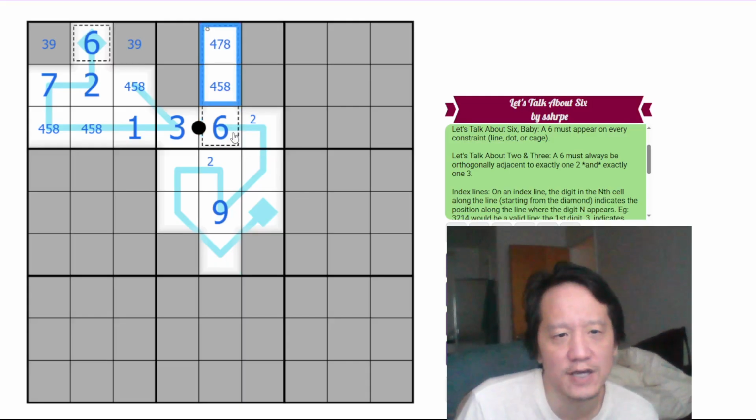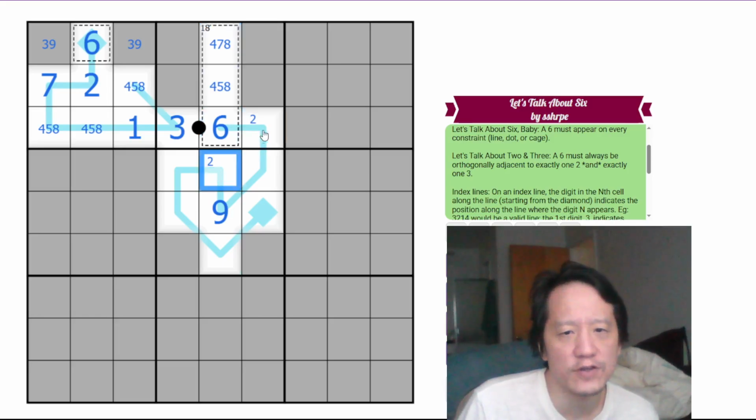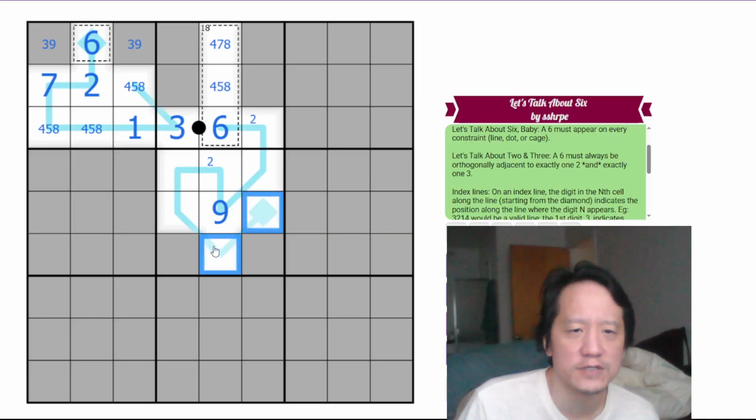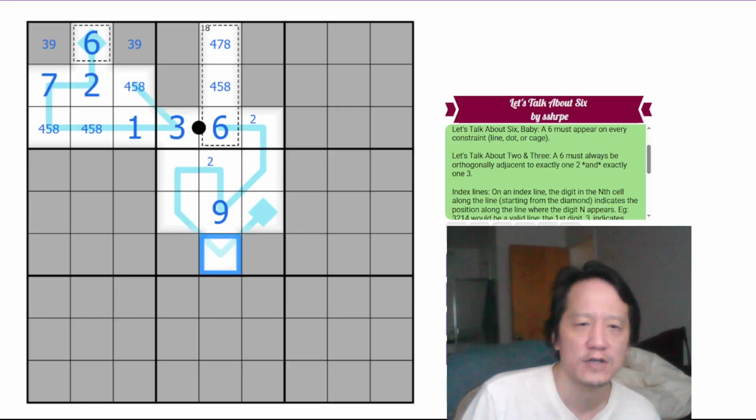Because these two digits add up to 12 and we don't have a 3 because of that 3. So 2 is one of these two digits because of the let's talk about 2 and 3. So therefore, on this index line, 2 has to be specifically in the 8th spot, 7, 6, 5, or the 5th spot. So this is 5th or 8th, right?